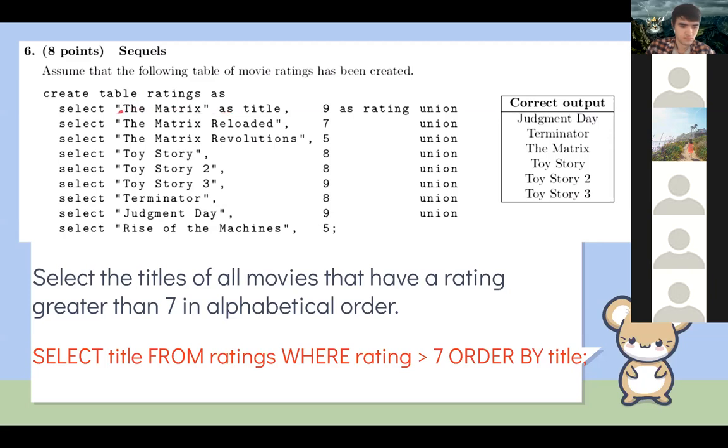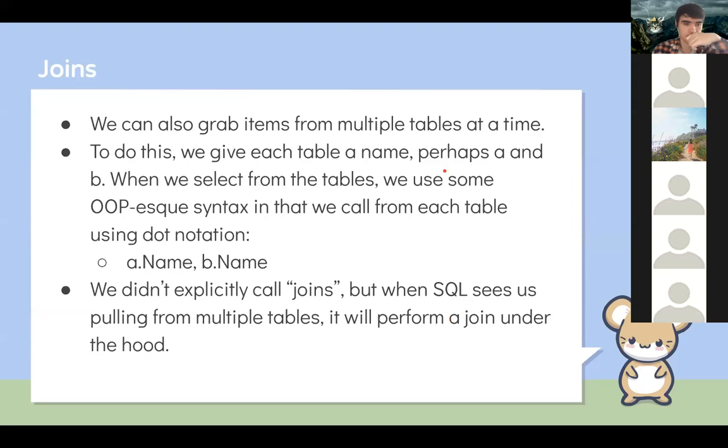So we select the matrix as the first input to the column title, and 9 as the corresponding next column for rating. Okay? Any questions on this one? Nope. Okay. Awesome.